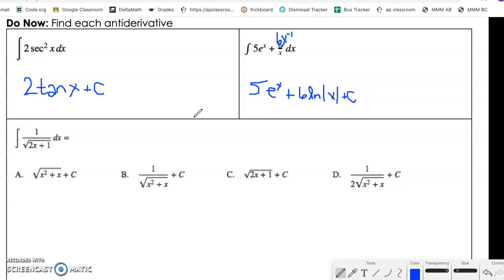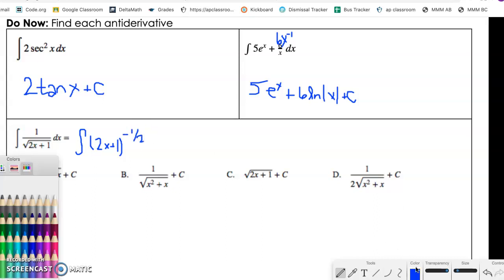All right. This last one is a u substitution problem, and I know that because I see basically in parentheses, I see this other function here. So I'm going to rewrite this first as the antiderivative of 2x plus 1 to the negative 1/2.